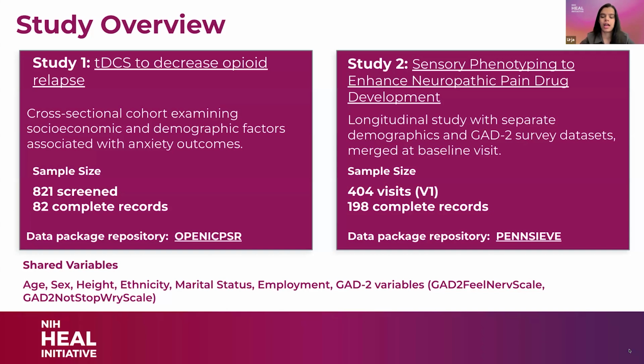In that, we had a 404 total sample size, and out of that, we could only take 198 complete records. Crucially, both studies collected the same core variables like age, sex, height, ethnicity, GAD2 scores, which is what made combining these two data sets possible. Next slide, please.